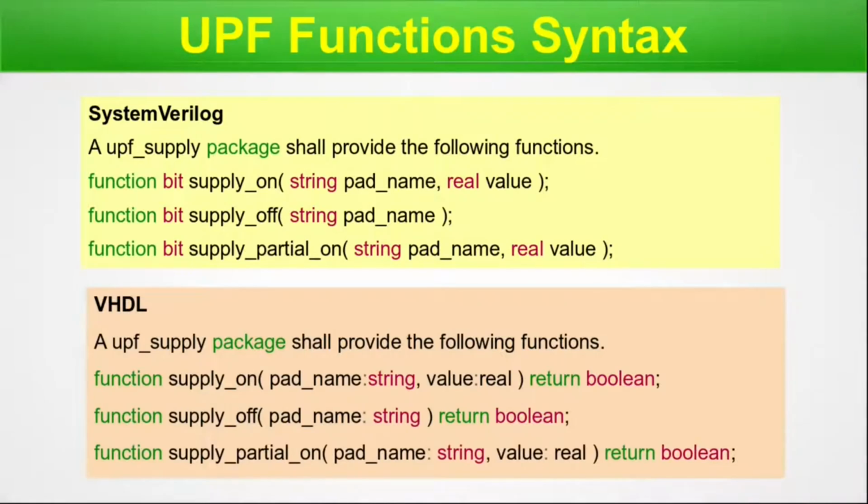The next is supply partially on, pad name, then the next argument is real and its return type is boolean. So we have seen all these UPF functions that are very much coherent with the System-Verilog and VHDL functions so that they can operate hand in hand. So that's all for this slide. Let's move on to the next one.